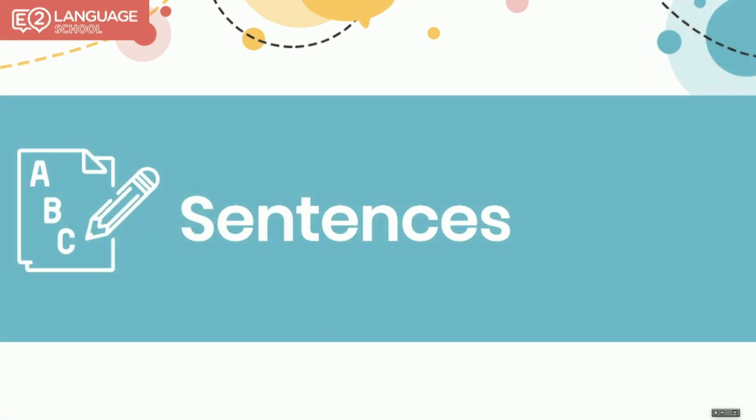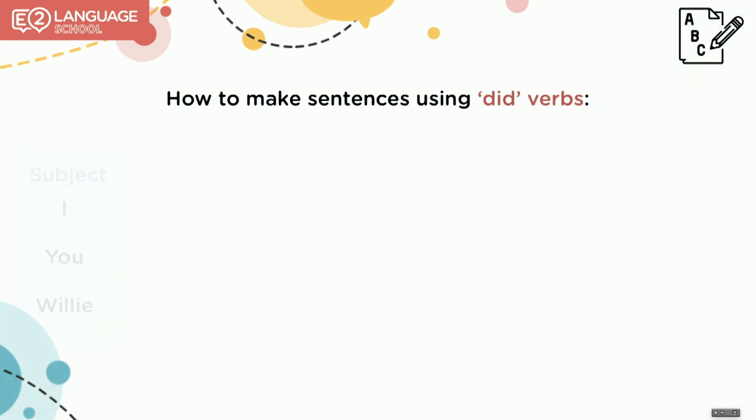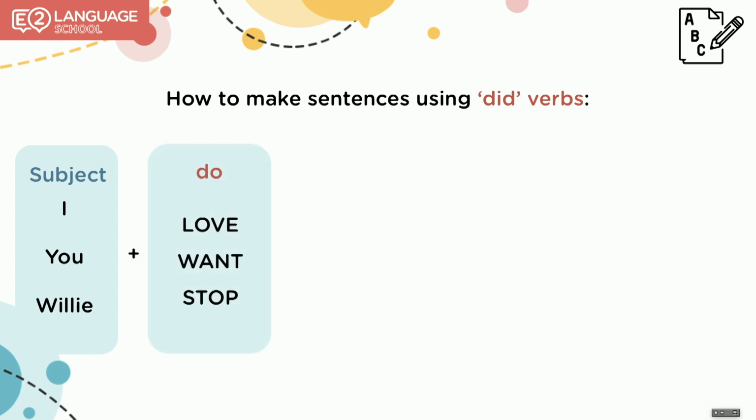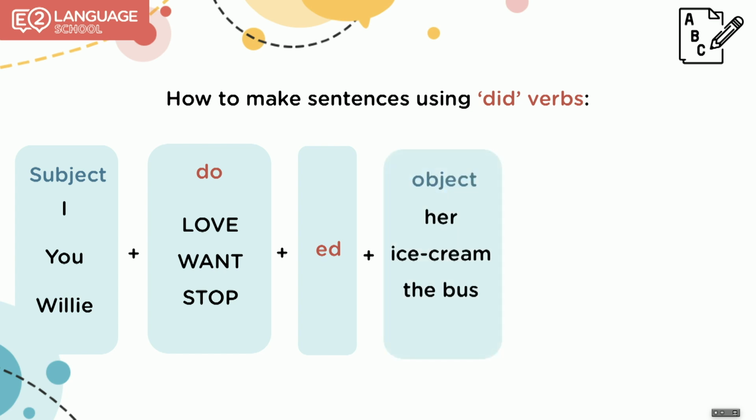Okay, let's look at how you use a did verb in a sentence, right? So we start with the subject, like I or you or Willie. Then what we do is we add a do verb, but what we add to the do verb is an ed ending. Then we might have an object like her or ice cream or the bus.